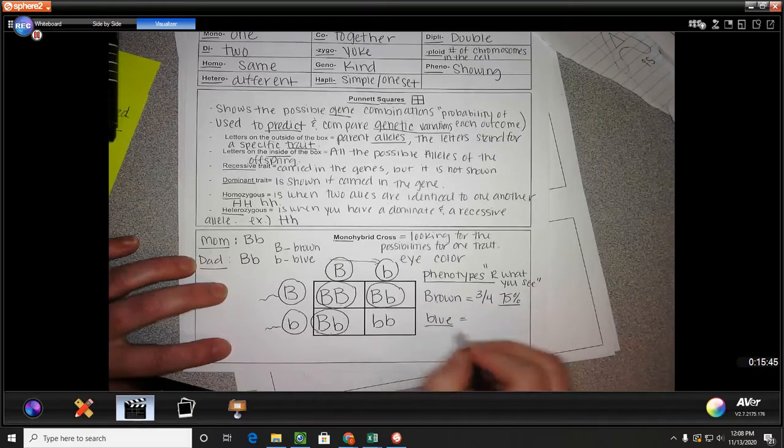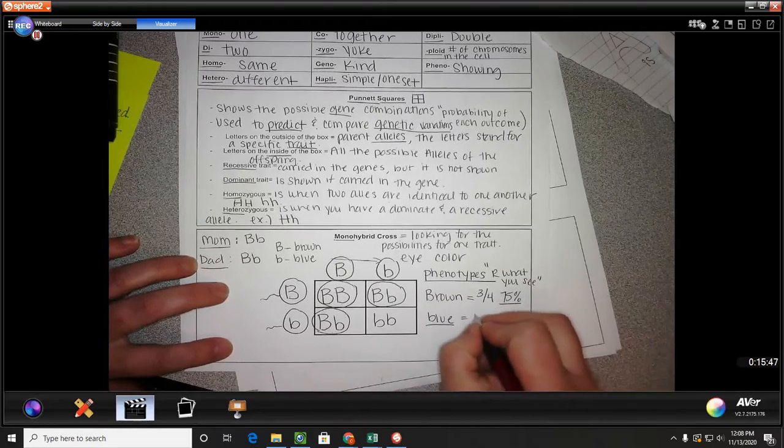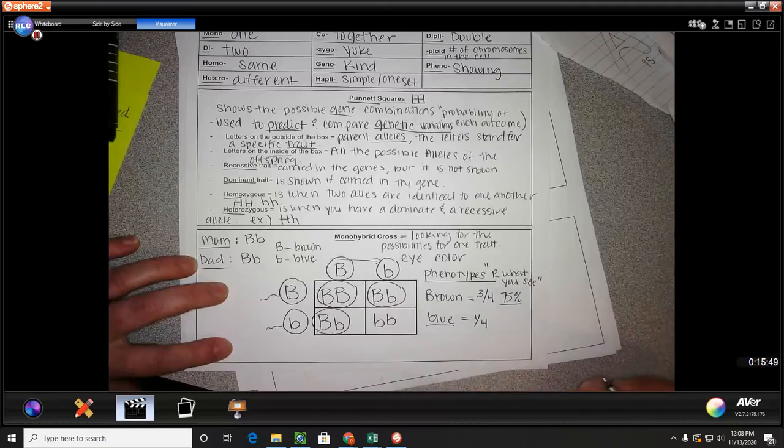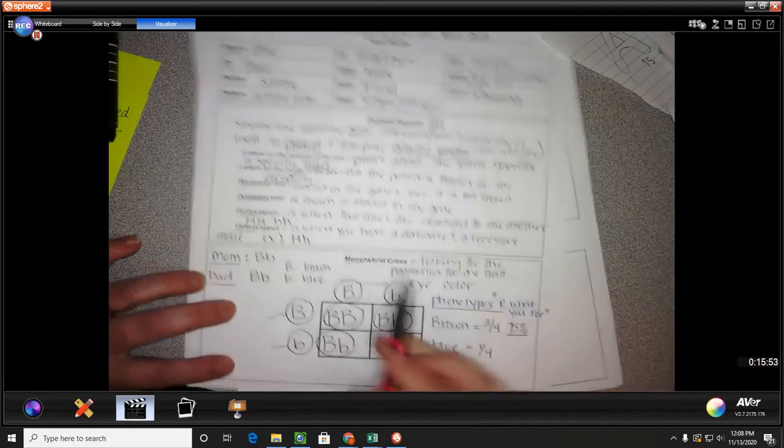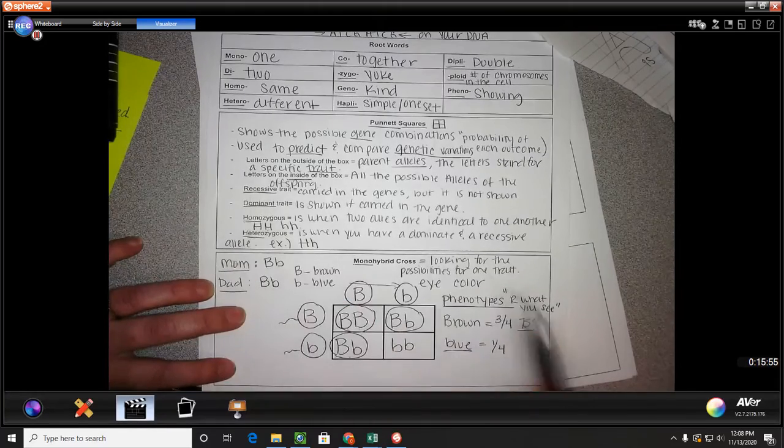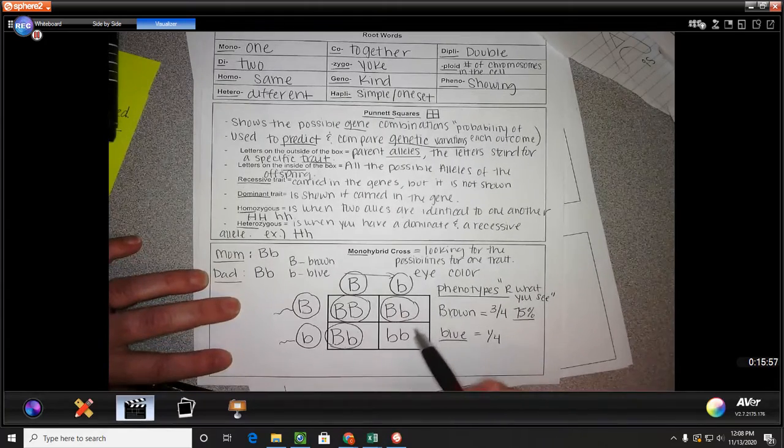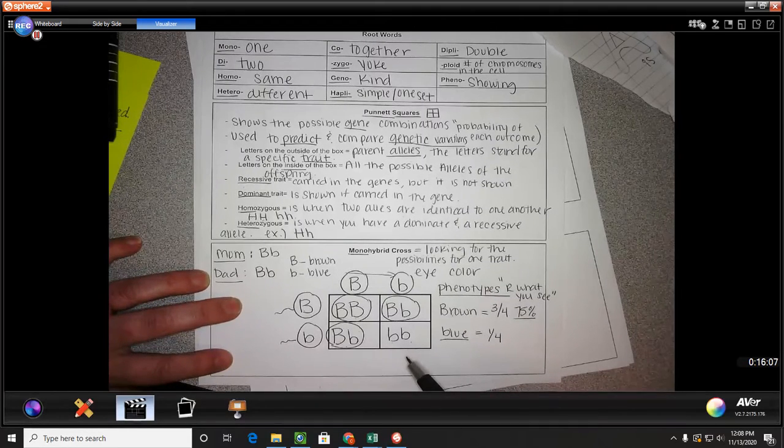Now, we only have 1 out of 4 for blue. Why is this one blue? Remember, recessive traits are weak. So in order to show recessive traits, you have to carry both recessive genes. That is why you do not see them often, like albinism, dwarfism, because they are recessive traits.